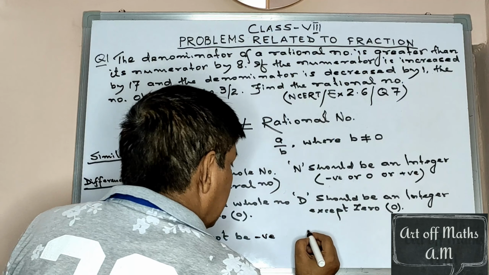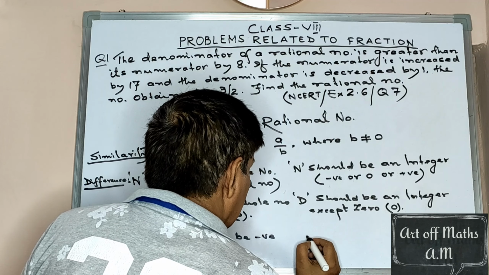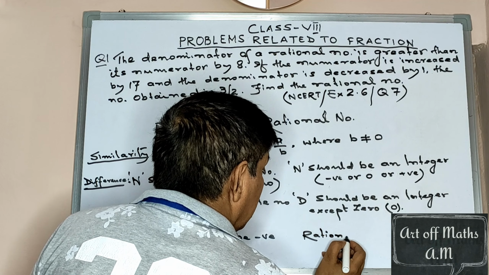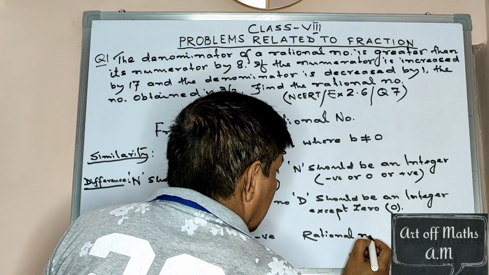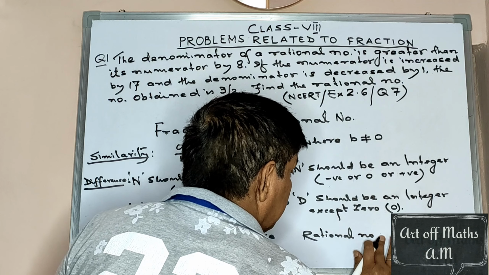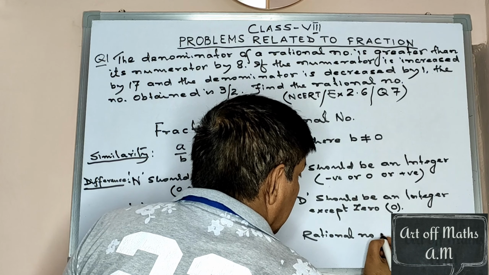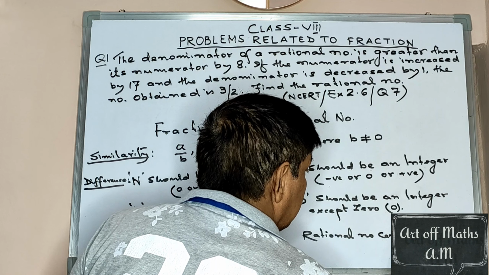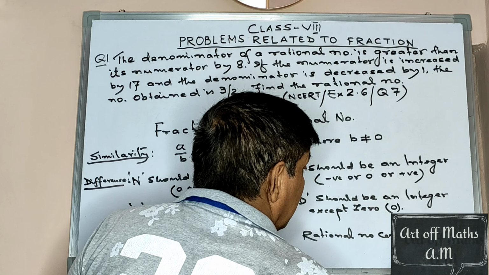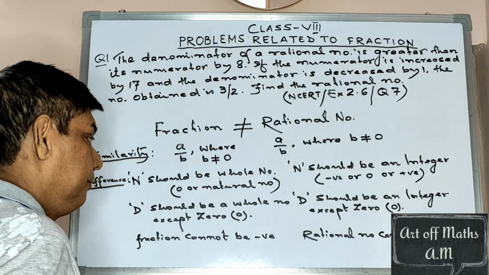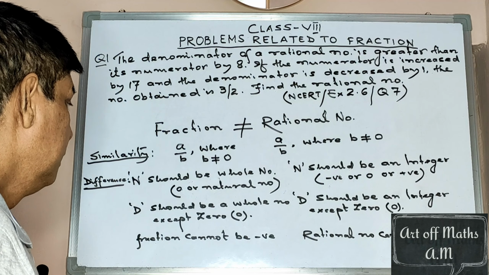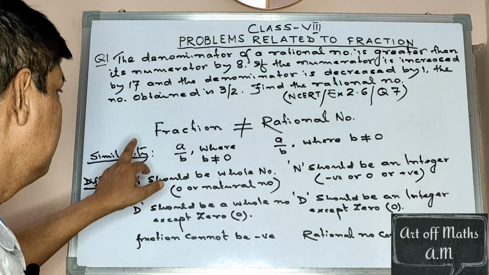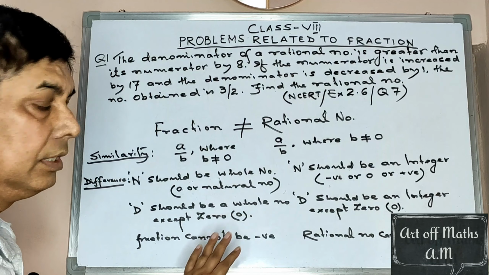But in case of rational number, it can be negative. This is the calculation of fraction and rational number.